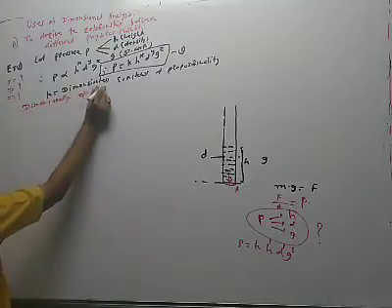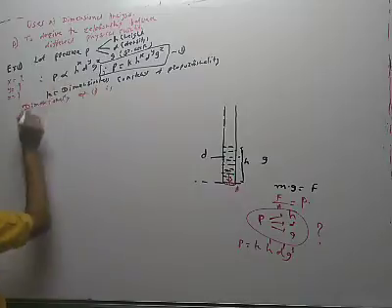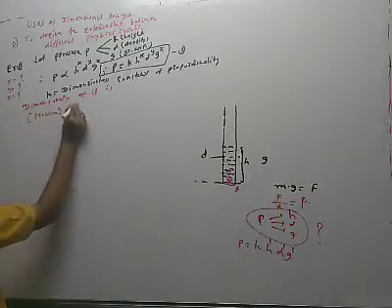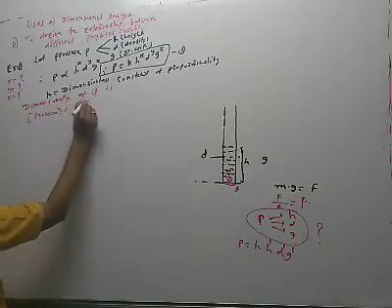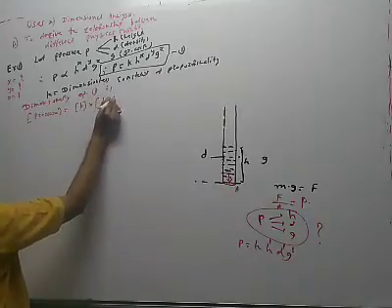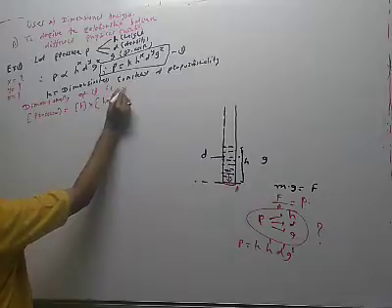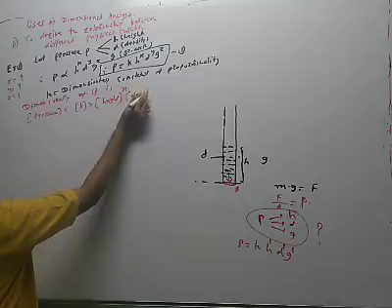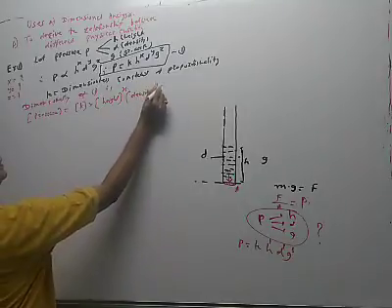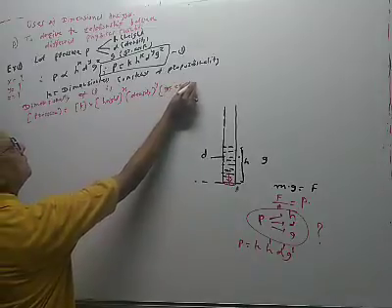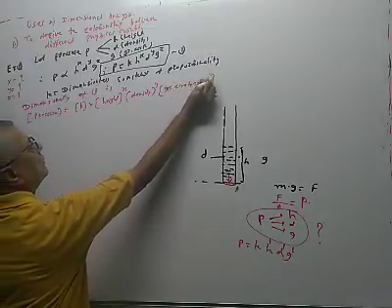Dimensionally, equation 1 is: left hand side, dimensions of pressure P, is equal to dimensions of K multiplied by dimensions of height H raised to X, dimensions of density raised to Y, and dimensions of gravitational acceleration raised to Z.